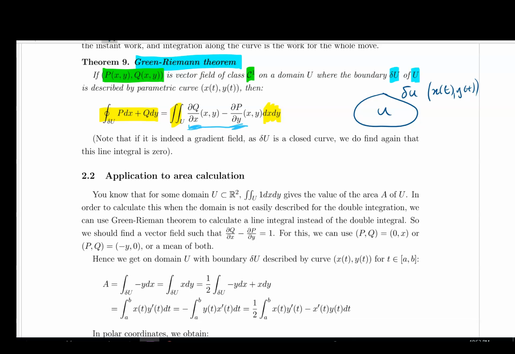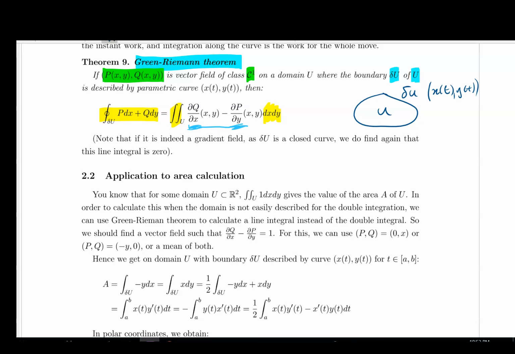We find that this line integral is equal to 0. Okay, good. This being said, let's see why that would be true. Let's make some kind of a proof, at least in some simple case.